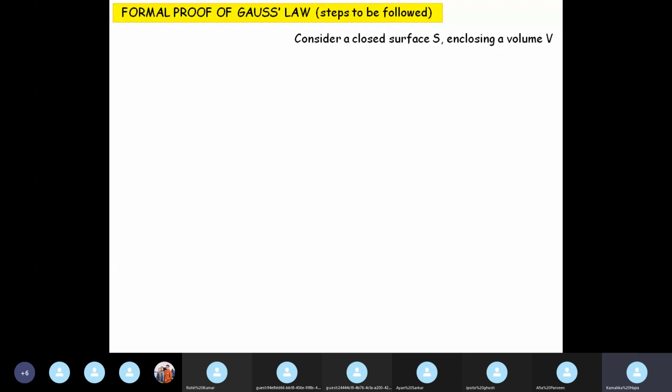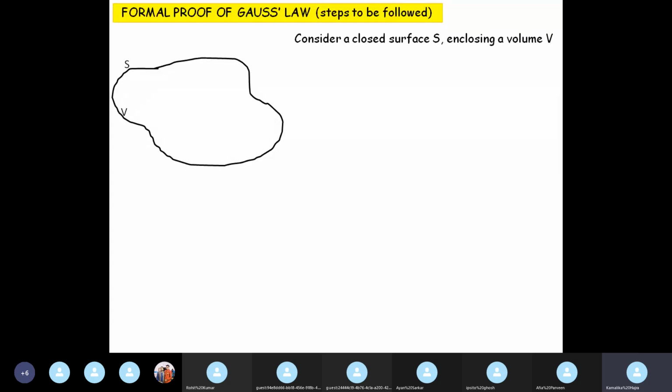Now let us consider any arbitrarily shaped closed surface S which encloses a volume V. You have to consider the three-dimensional picture which I cannot draw on a slide. So this is an arbitrarily shaped closed surface which has surface area S, and it encloses a volume capital V.